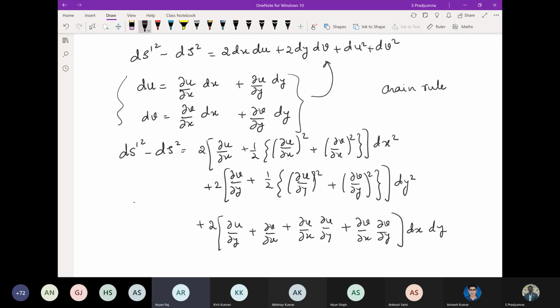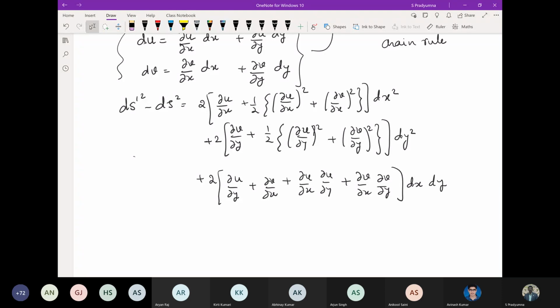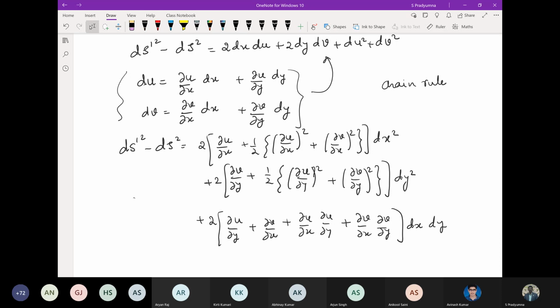This is from the chain rule. This is a simple chain rule formula in partial differentiation. From that we can write these two expressions for du and dv.